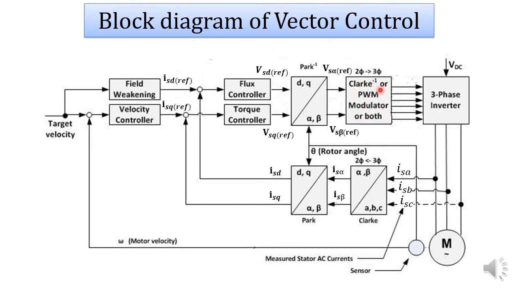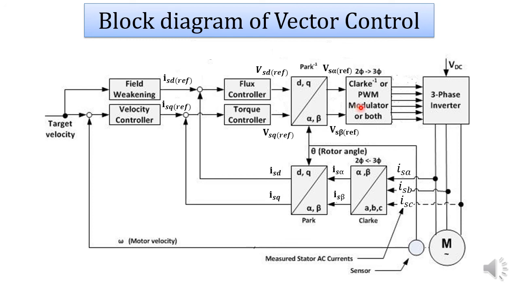The structure of this block is based on how we implement this system. So here let's consider the case when this block consists of an inverse Clarke transformation block and a PWM modulator. That means here the reference values of Vs alpha and Vs beta are transformed to the ABC components of the stator voltage, that is VSA, VSB and VSC reference values.